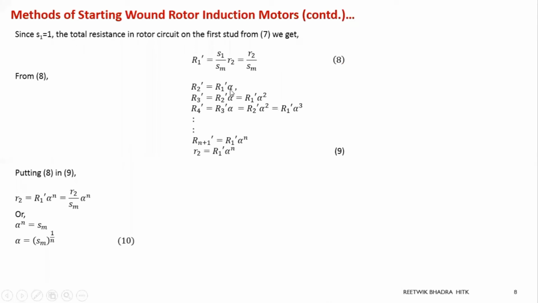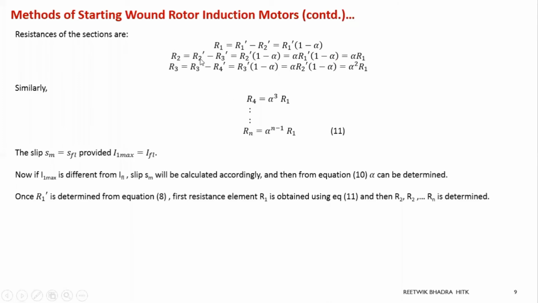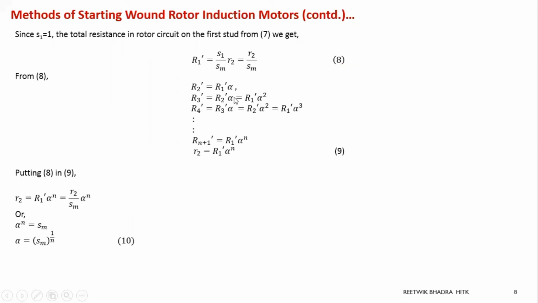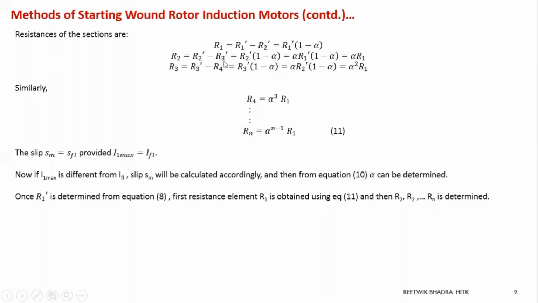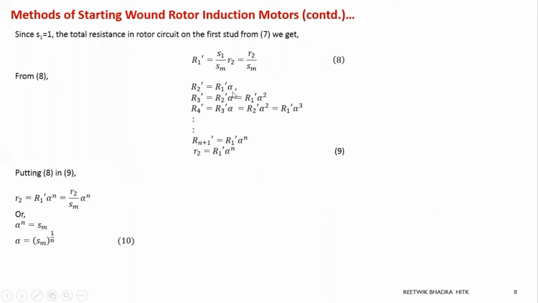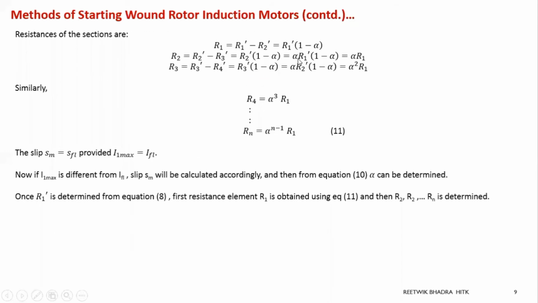R2 dash is R1 dash alpha, and R3 dash is R2 dash alpha, so substitute that. Take R2 dash common, so R2 dash into 1 minus alpha. What is R2 dash? Alpha into R1 dash. So R2 dash is replaced by alpha into R1 dash. This is how all these formulas are written. You can go through it later and understand all the formulas.